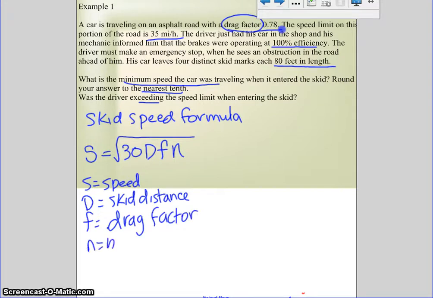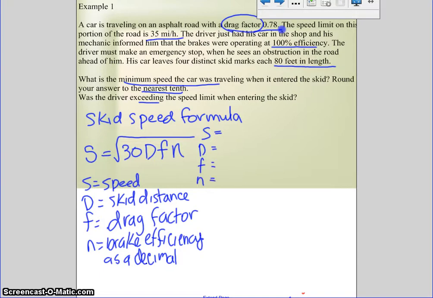N is brake efficiency as a decimal. So let's plug our values in and see what we get for an answer. As I did with many other lessons, I identify my variables on the side so that I can plug in my values and solve.